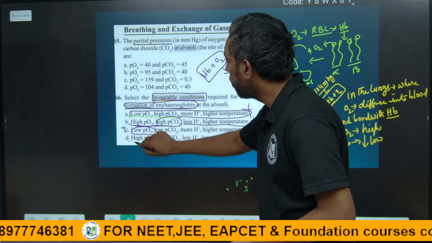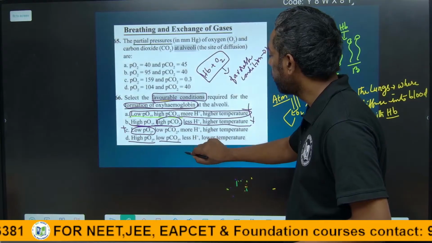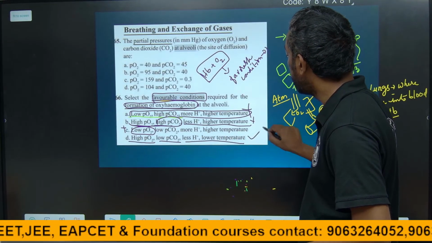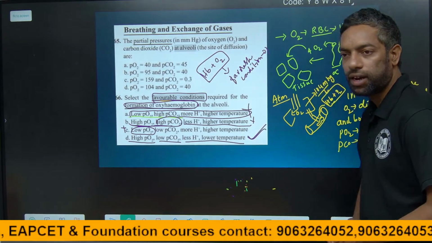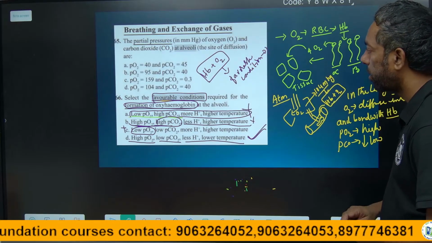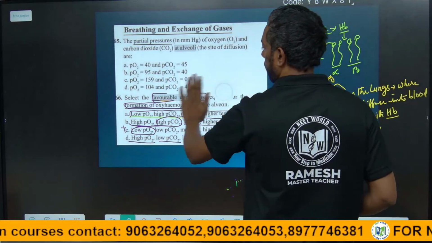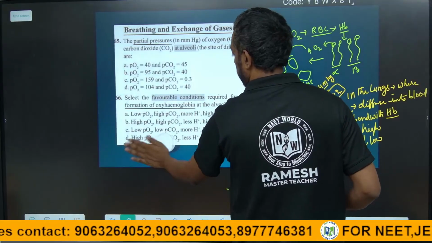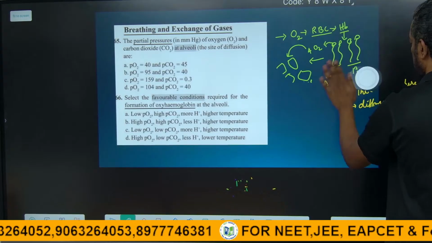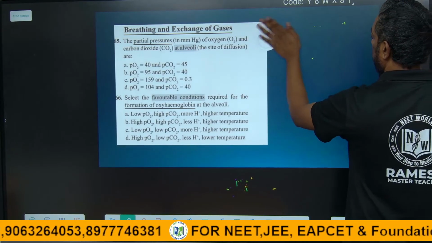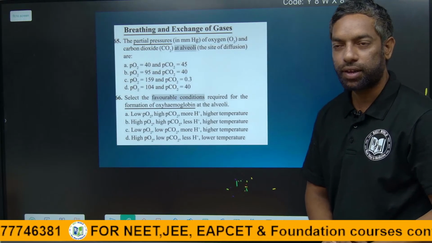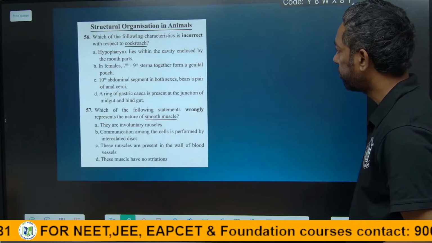High PO2 and low CO2 and fewer hydrogen ions and lower temperature, this is the answer, guys. The fourth one is the answer. I hope you cleared this question. Thank you. Next question.